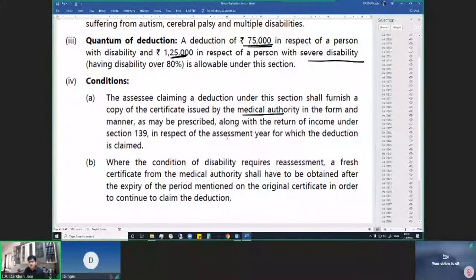You cannot send any other data or information through the income tax return because it is all transmitted electronically. So, harmoniously constructing, you'll have to produce it before the assessing officer whenever required. You should have the certificate of the civil surgeon to claim deduction under this particular section 80U.